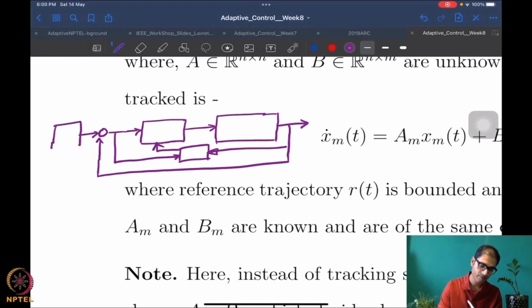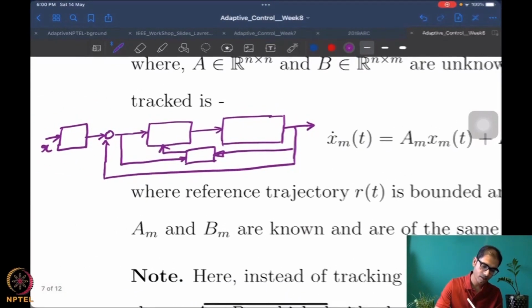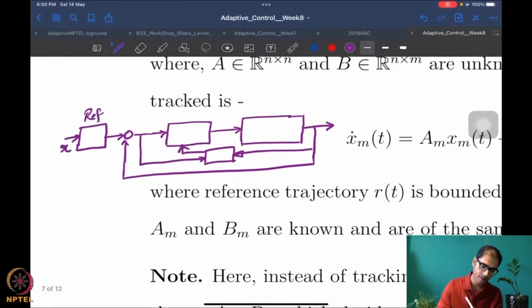You have an input system and there is an r. So this is something like a reference plant, which I will probably write here, governed by A_m, B_m. So this is the reference, this is the x_m with the plus minus here.